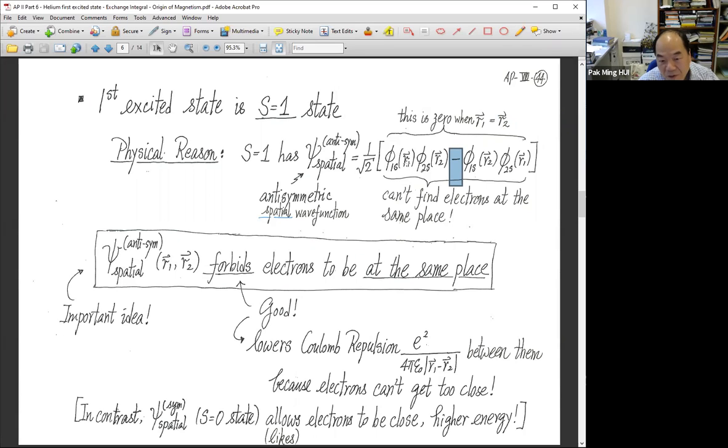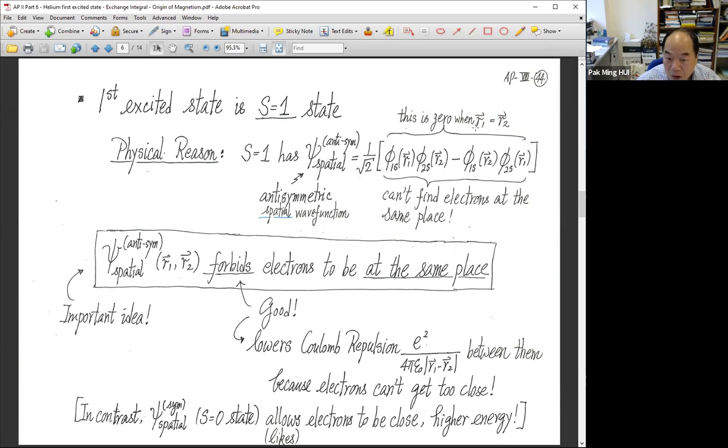Okay, that means if R1 takes on the same value as R2, you see, 1s the same number, or 2s same value, minus that same value, it is zero, okay? But it is not identically zero for all coordinates, no. Only when the two particles happen to be on the same location, the wave function is zero. Interpretation means zero chance to have the two electrons in the same location, okay?